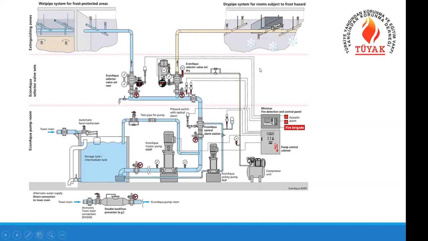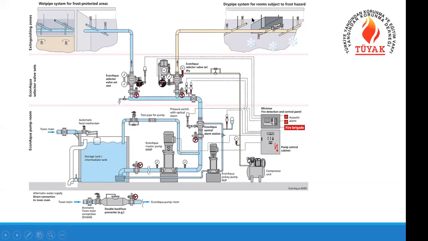In cold rooms and cold storage areas, you have to have dry systems. The wet systems are only inside normally heated areas or normal rooms, not in unheated or freezing temperatures. So here, before the room, all the pipe is empty and filled with pressurized air from a compressor. This is a dry system.